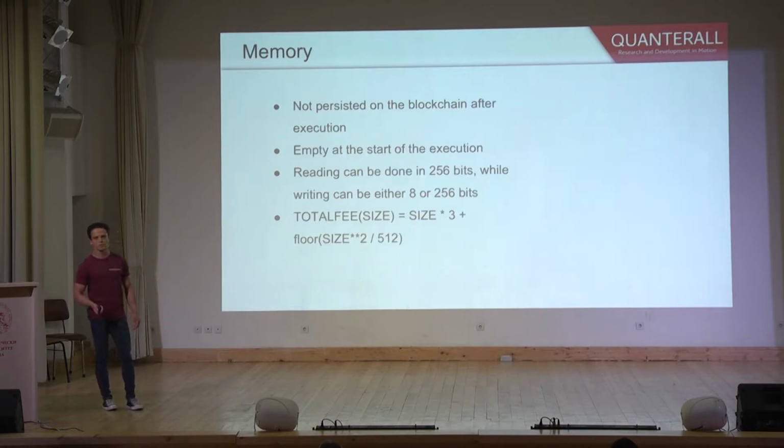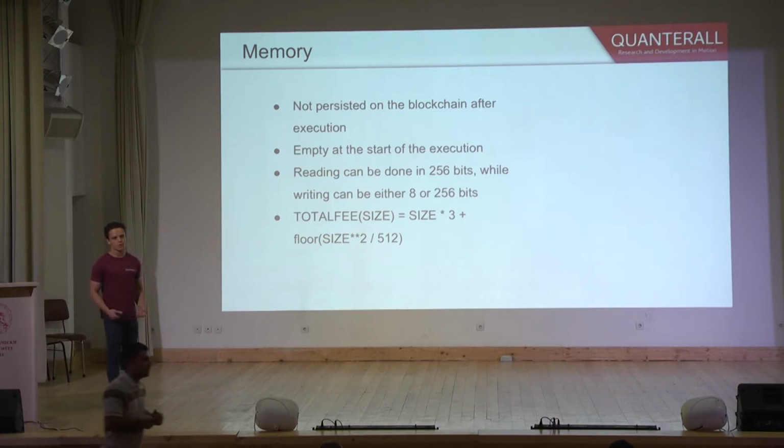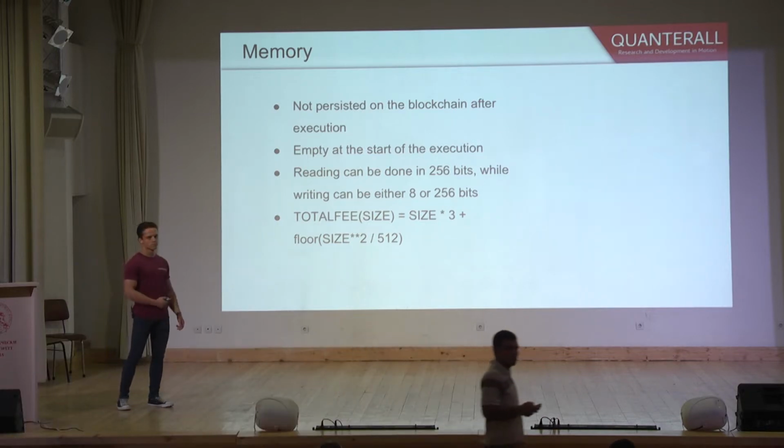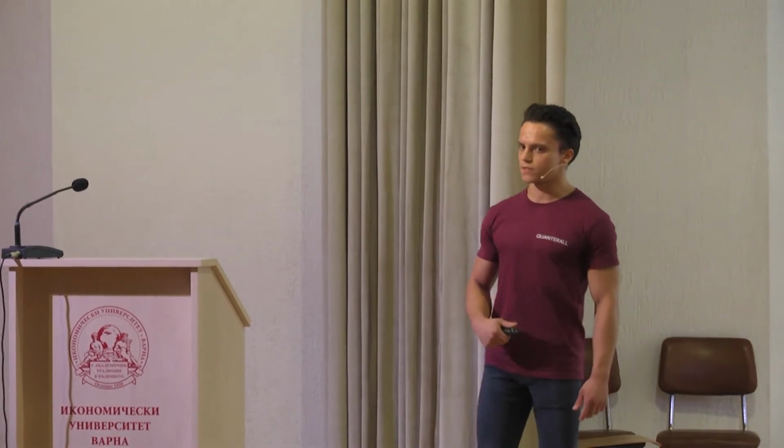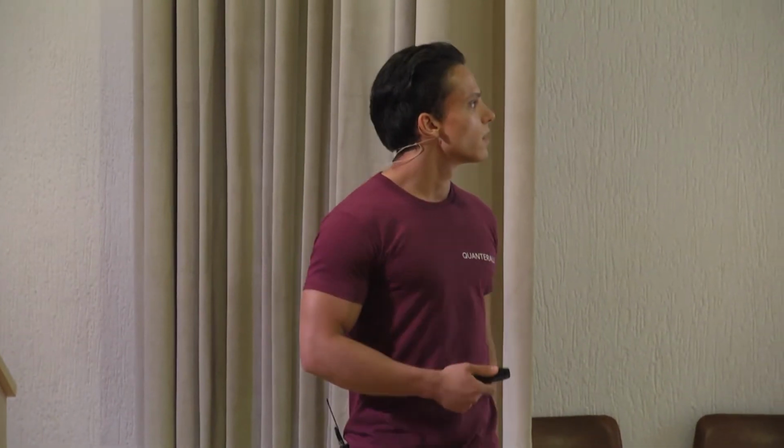The next one is the memory, which you can imagine as normal RAM, where it is, in theory, an endless byte array. It is not persisted on the blockchain after execution, and it is empty at the start of the execution, whereas the storage is derived from the previous state, if there is such.